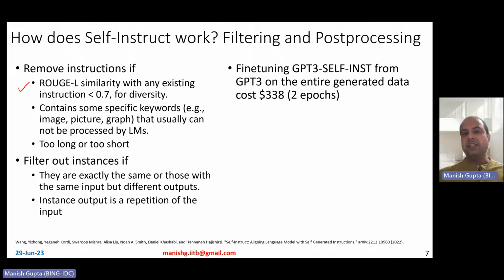This is done for diversity purposes. You don't want redundant tasks, or very similar tasks. You also want to remove instructions which contain specific keywords like image, picture, graph, because LLMs, large language models, are text-based models. They can't generate images, pictures, or graphs, and cannot really work with them. You also remove instructions which are too long or too short, of course.